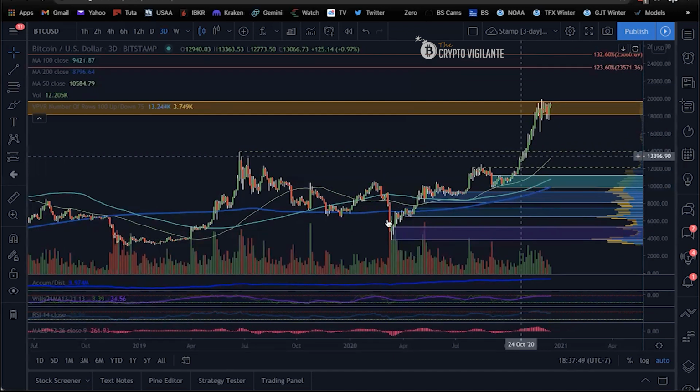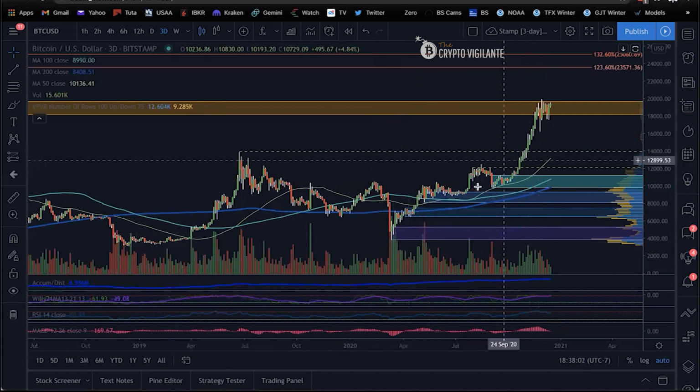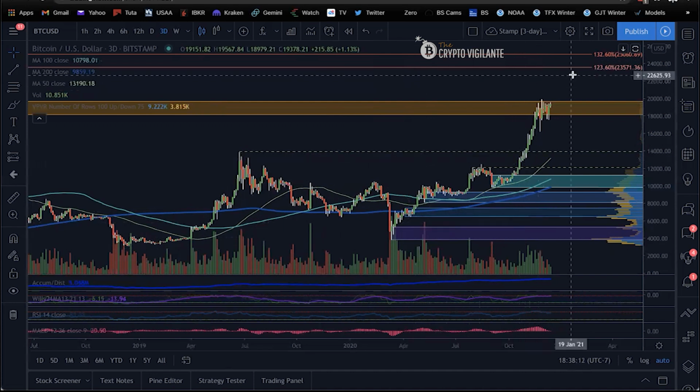If we double that, kind of like an ABC type move, even though we haven't had much of a correction, coming out of this range a lot of times price will double on a measured move. That would put us, 11,000 plus 14,000, at 25 right up in here. Again, more confluence. I'm sure if we look, we could find even more up in here.